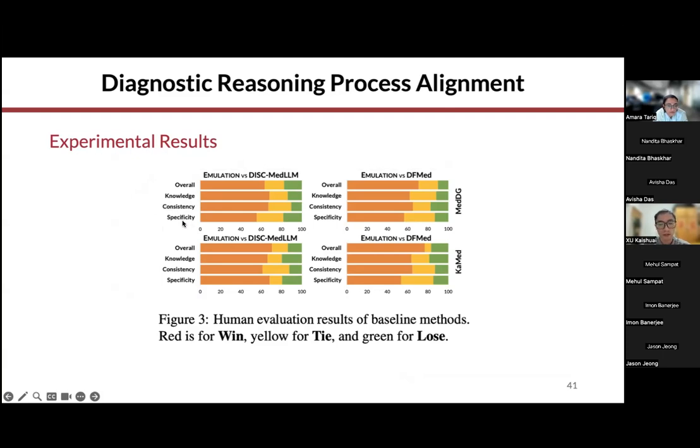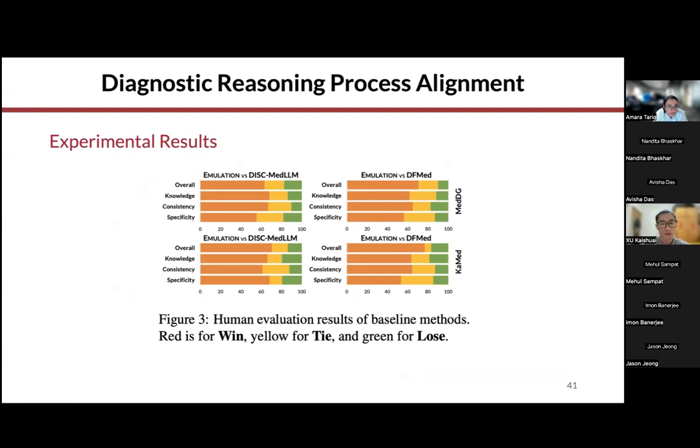This metric is quite important for the LLM, since an LLM can generate complicated responses that include a lot of things. Actually, you can include everything, then the doctor will respond.